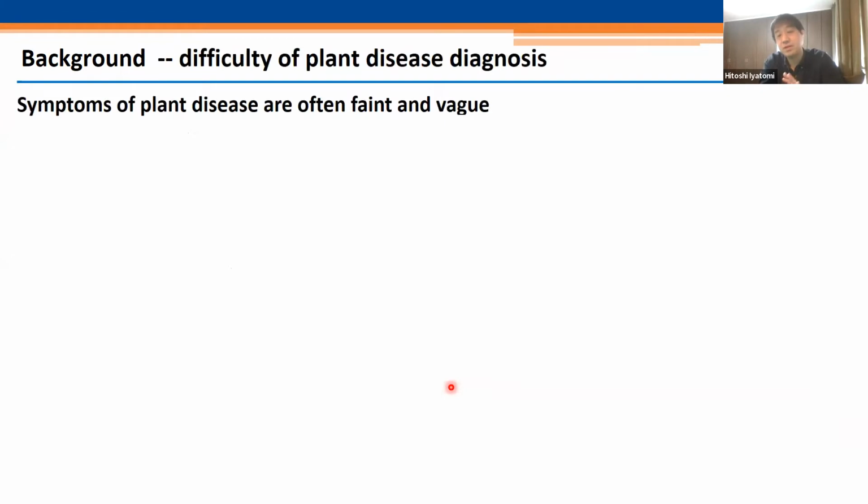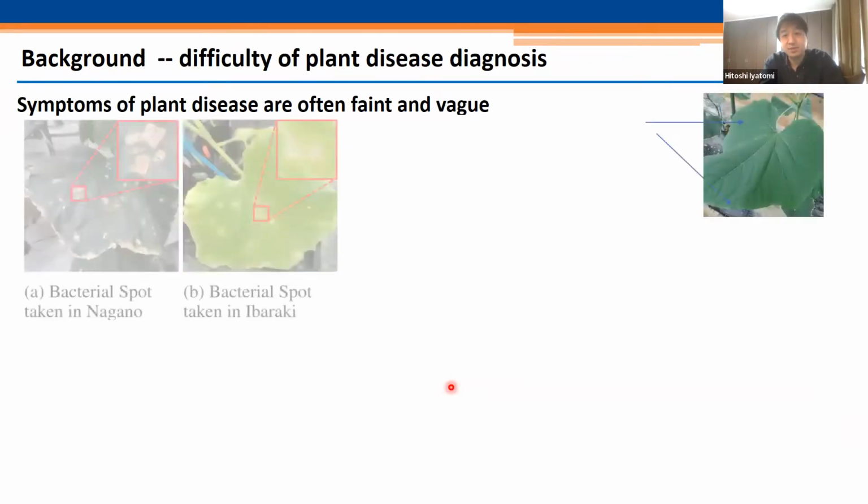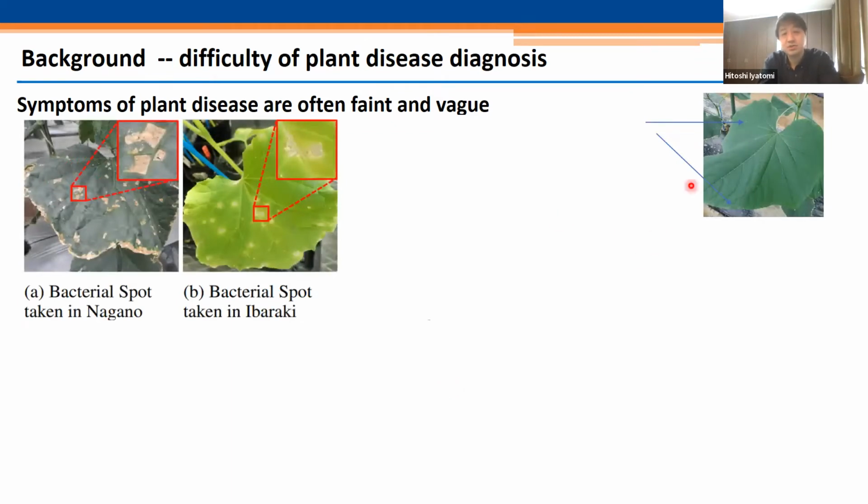Before stepping into the detail, we'd like to introduce the difficulty of plant disease diagnosis first. As you can see, the symptoms of plant disease are often faint and vague.